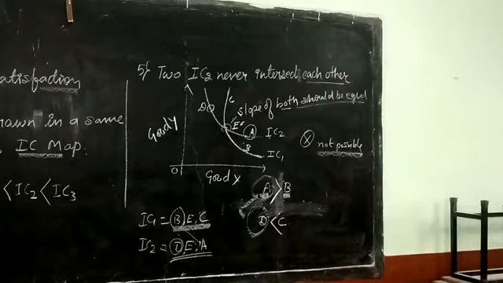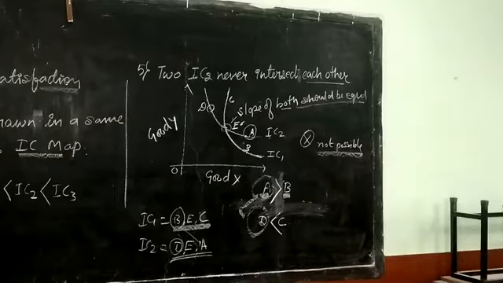Okay, and here A is above point B. It implies that the A combination is yielding higher satisfaction than point B.